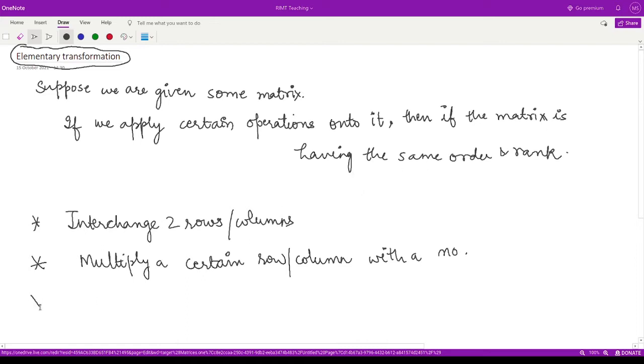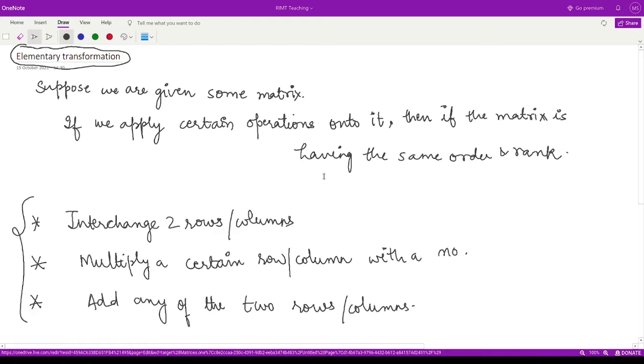And then the third thing that we can do is we can add any two rows or columns. So this is the elementary transformation, and after performing this kind of transformation, we are again getting a matrix, and that matrix would have the same order as that of the previous or original matrix, and moreover the rank would also be the same.